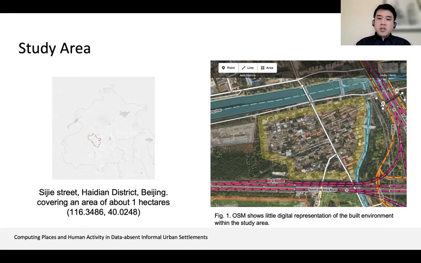The Sijie neighborhood is very special because it is a residential neighborhood located in Beijing, next to the fifth ring road and covering an area of about 1 hectare, which was formerly a commercially oriented residential neighborhood that was developed over many years.